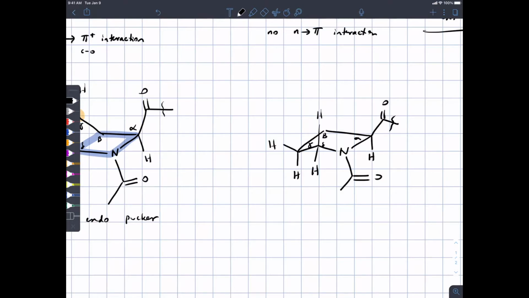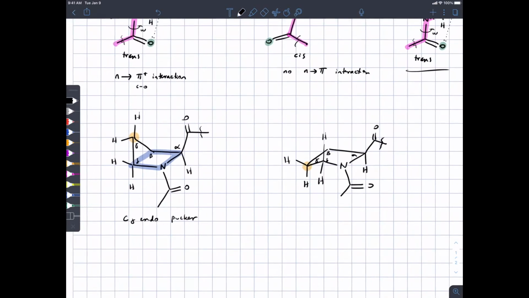Okay, so do you see how in the drawing on the right, this is the C gamma exo pucker. Don't worry about why we call one endo versus exo. Just know that they're different. But can you see how in the conformation on the left, that gamma carbon is above the plane of those 4 other atoms, whereas in the conformation on the right, it's tipping down below. Okay?